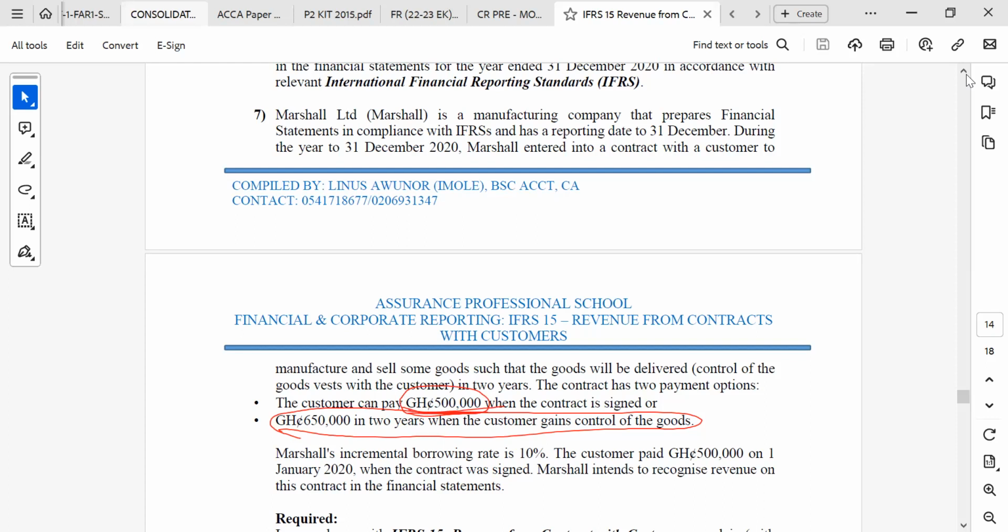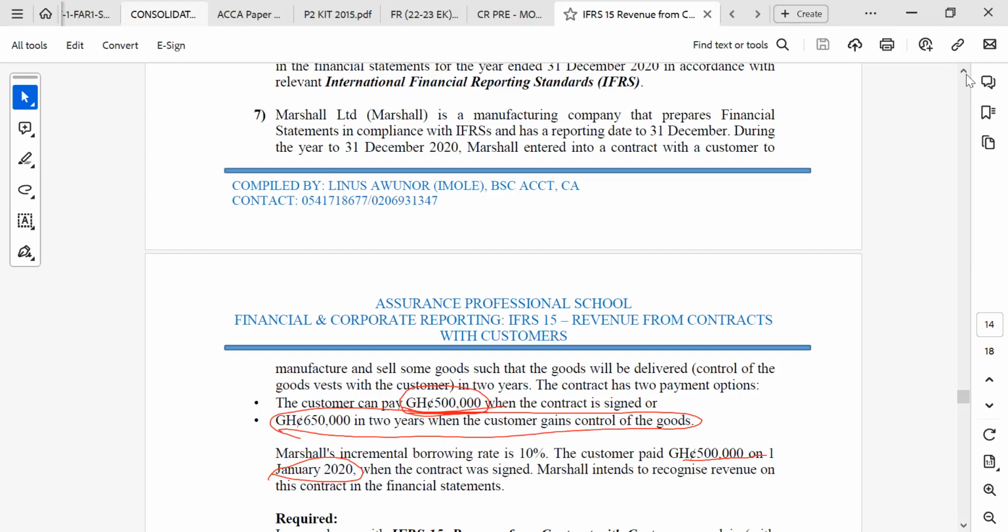So at this particular date, the contract was signed on what? Okay, the customer paid on 1st January 2020. So what will happen is that you are going to be paying interest of 10% for the 2020 year, isn't it?